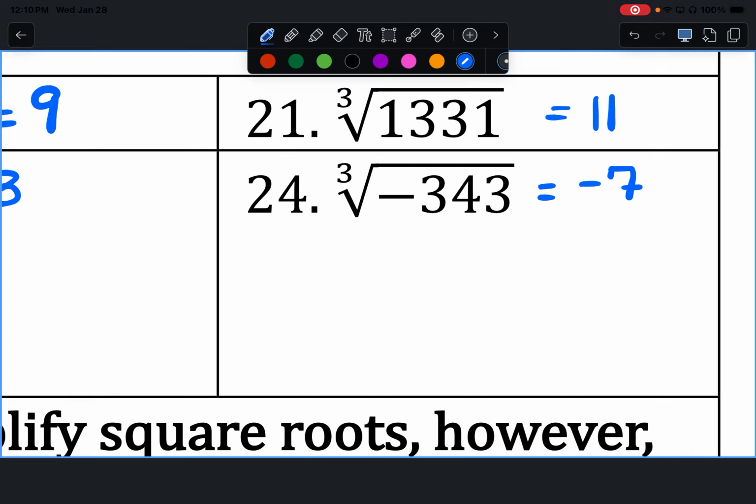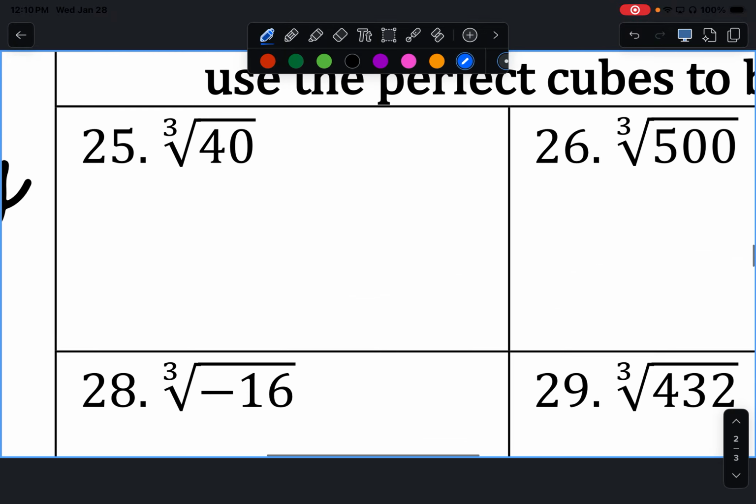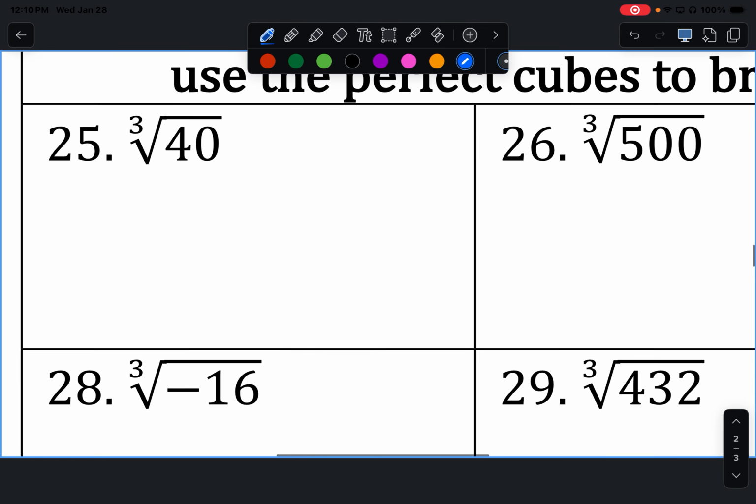So what we do is we look to find the biggest perfect cube that goes into the number, okay? So what is the biggest perfect cube that goes into 40? 8. And 8 times what gives you 40? 5. So we have the cube root of 8 times the cube root of 5.